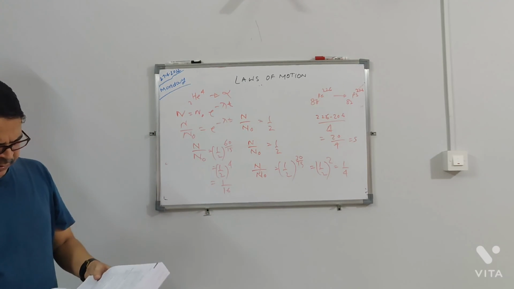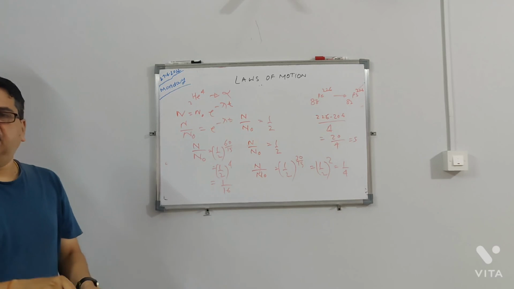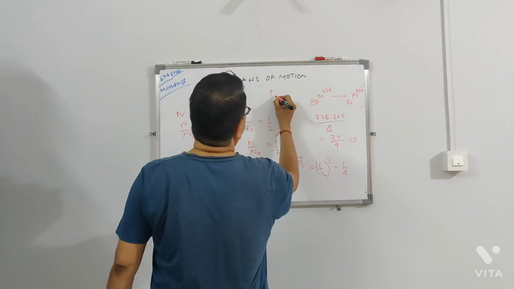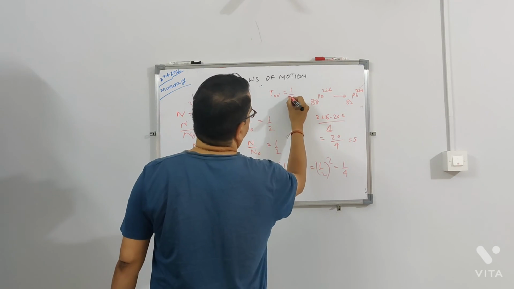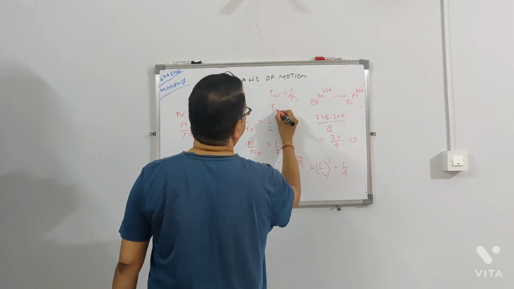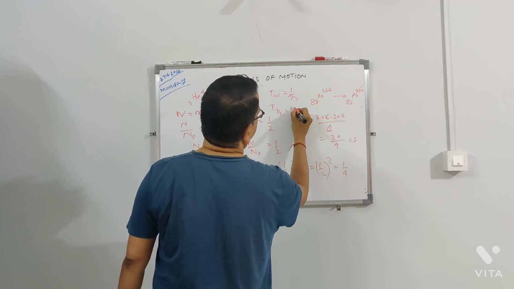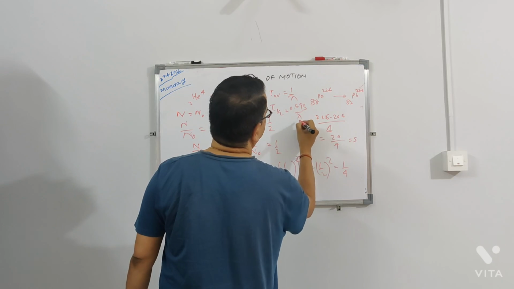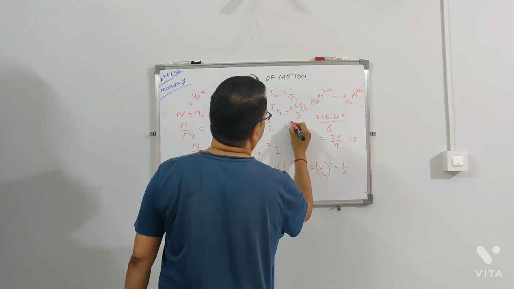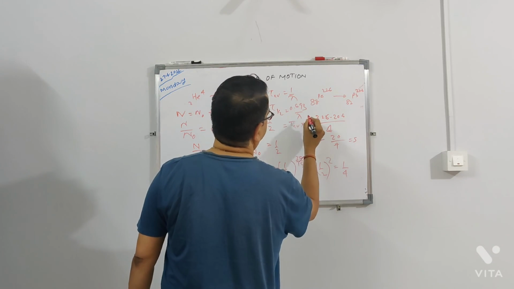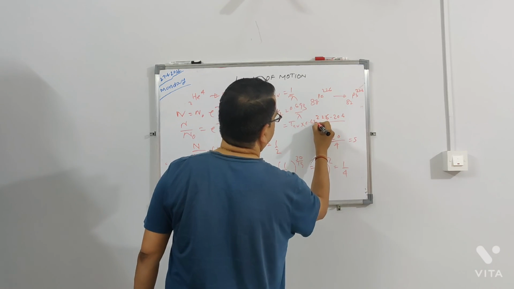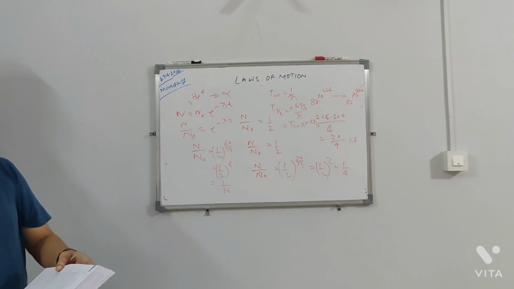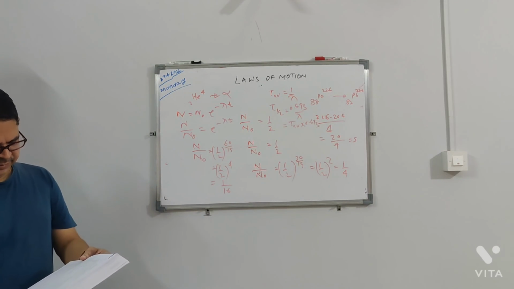Then there is something called average life. The average life formula is 1 by lambda. But half-life is equal to 0.693 by lambda. Otherwise you can write it as average life into 0.693. So that is the relationship between average life and half-life.